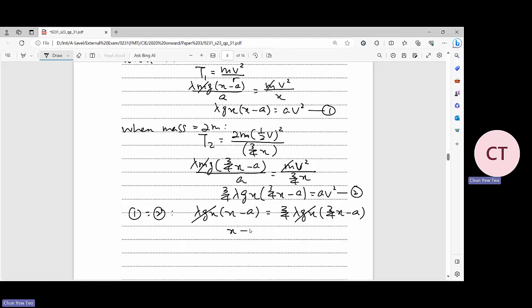So over here you have x minus a is equal to 9 over 16x minus 3 over 4a. So over here, 9 over 16. Wait for a while. This is 7 over 16 x is equal to 1 over 4 a.